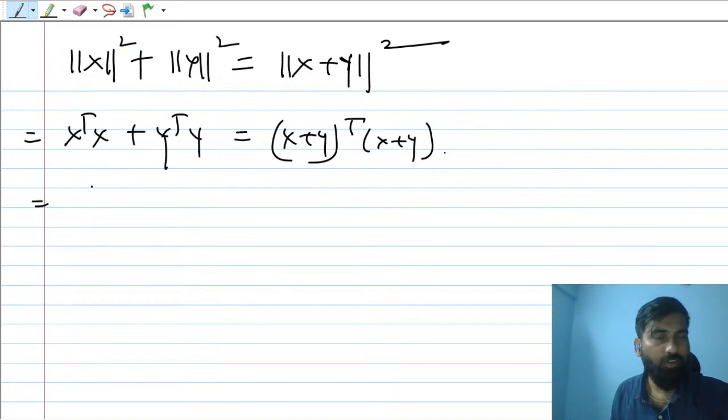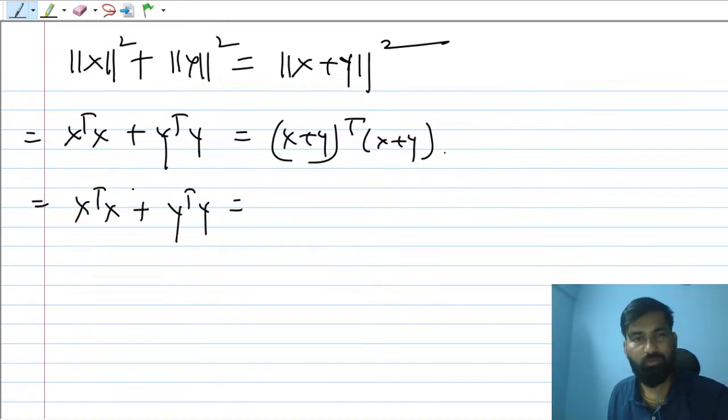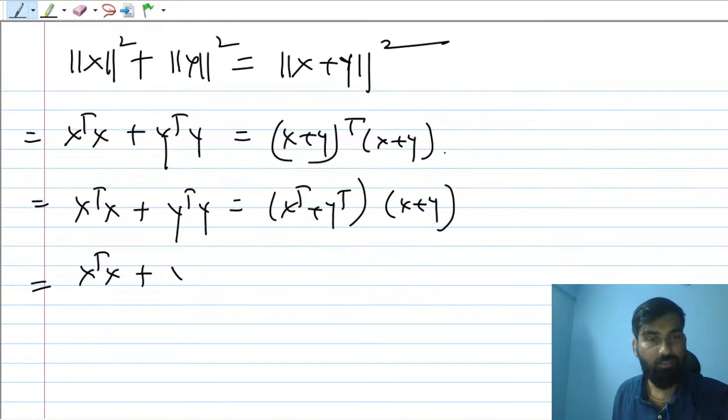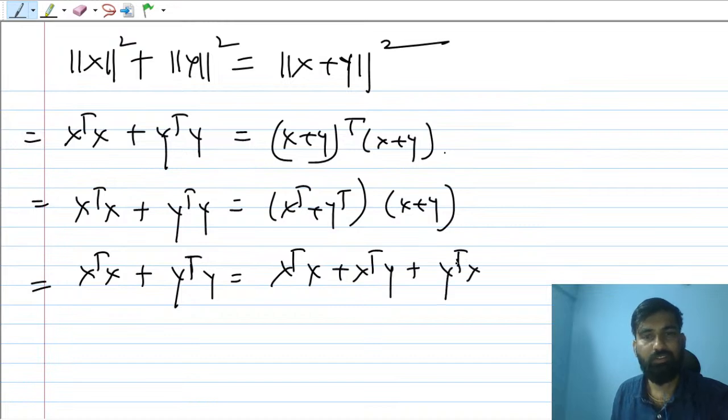Further going forward, the transpose will be distributed here, so it will be x transpose plus y transpose, times x plus y. Now further you can solve: this will be x transpose x plus x transpose y plus y transpose x plus y transpose y.